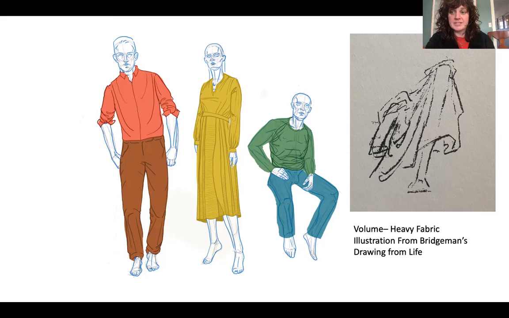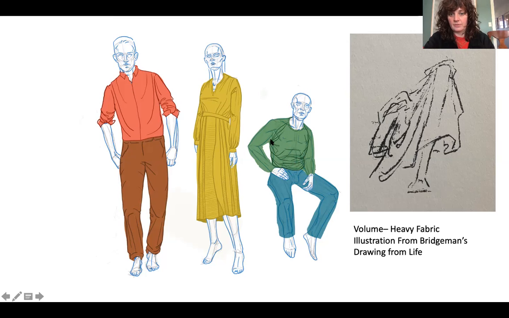With a thicker material, you're probably going to see less of that alternating activity, because those folds can hold themselves up, and sometimes you'll see folds that move completely across the body on a thicker material like a sweatshirt.